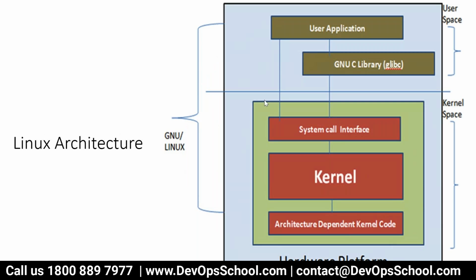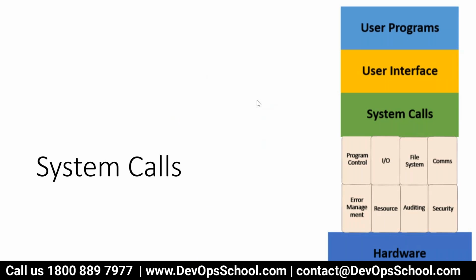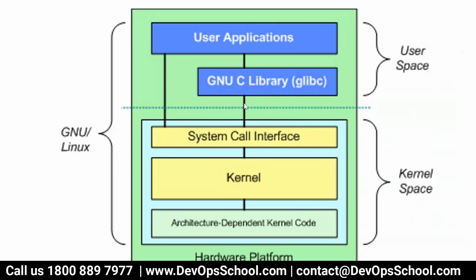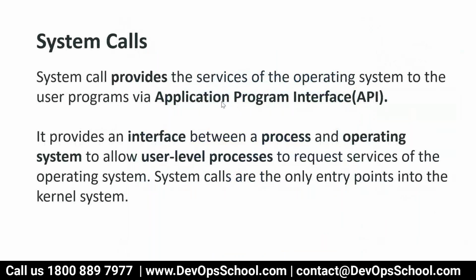I think this image is something familiar. You have hardware, then you have a kernel, and then user. Kernel runs in the kernel space, user runs in the user space. Same image. System calls also have lots of specifications, but right now you don't have to get into that, because I told you that you want to become a DevOps or SRE engineer, not a Linux kernel programmer.